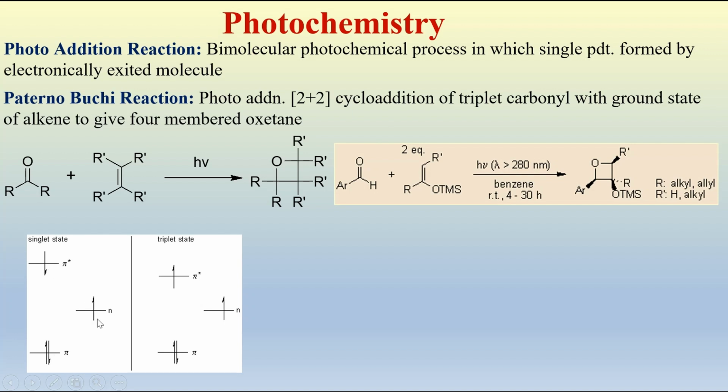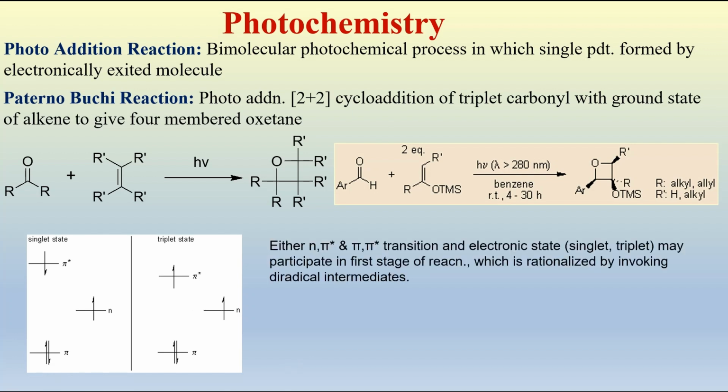The higher energy level is in the singlet state, in which the two electrons have opposite spins. It can undergo intersystem crossing to the triplet state where the two electrons have the same spin.